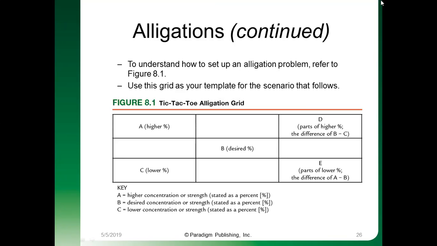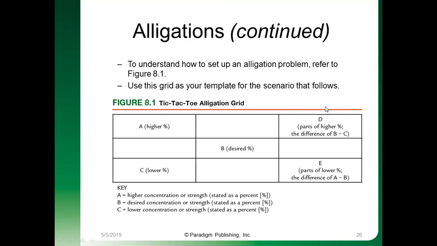In your tic-tac-toe, the higher percent strength goes in section A. Section C is the lower percent strength that's available in the pharmacy. And in the middle is the desired percent strength, which is letter B. So: the higher percent that you have in the pharmacy, the lower percent that you have in the pharmacy, and the desired percent in the middle that you want.